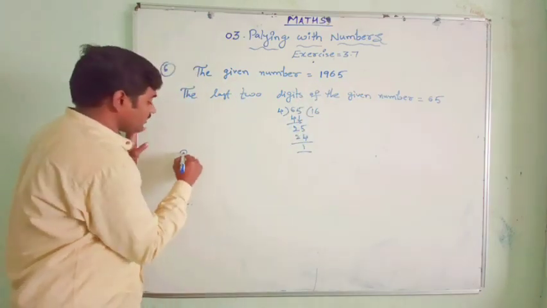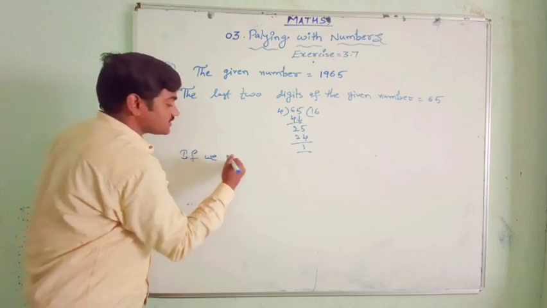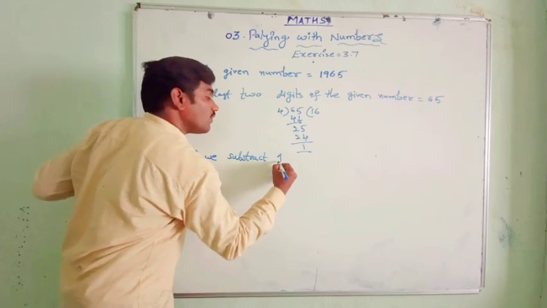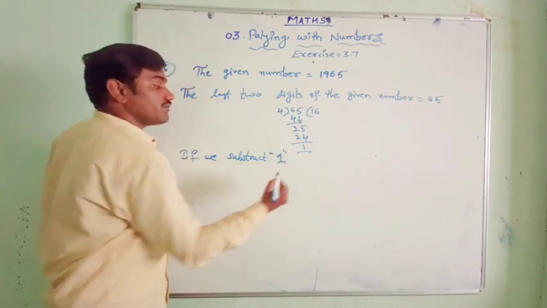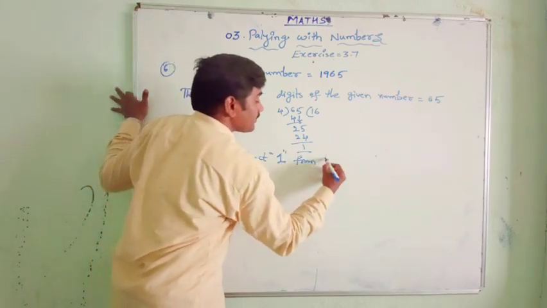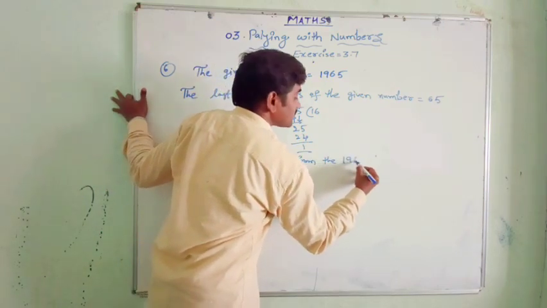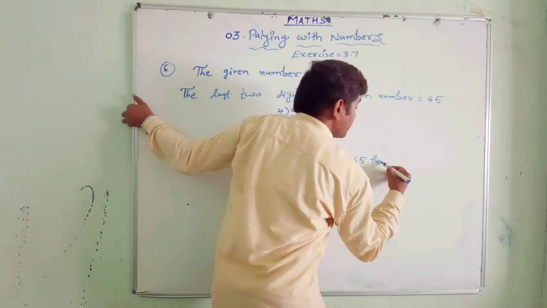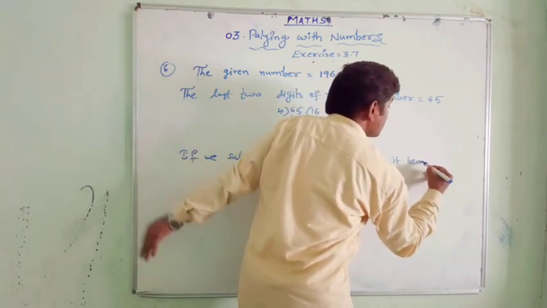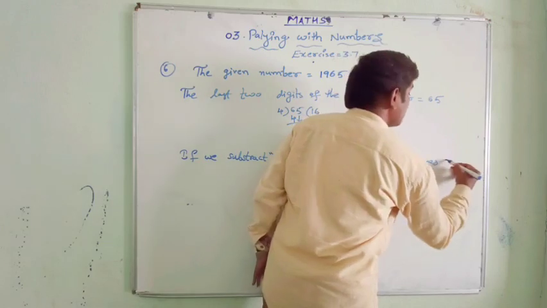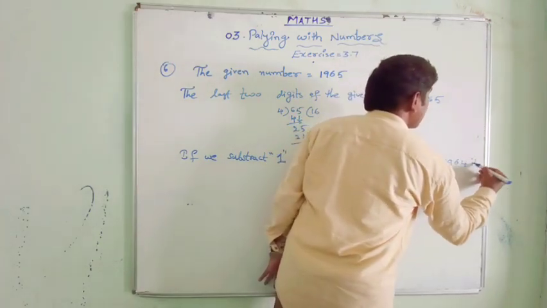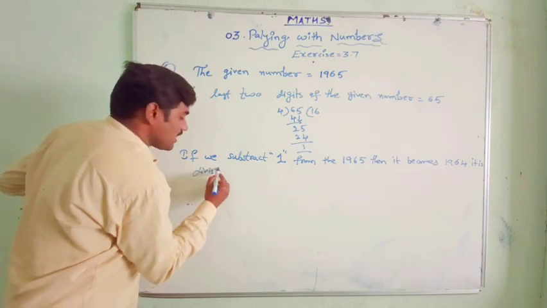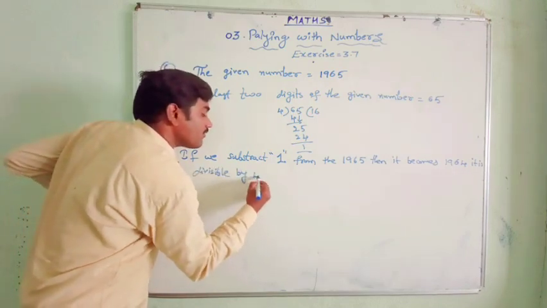Hence, if we subtract 1 from 1965, then it becomes 1964. It is divisible by 4.